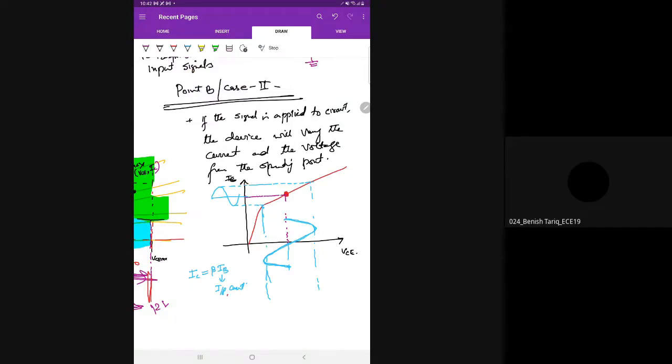So there will be sinusoidal variations in IB. That will cause sinusoidal variations in IC also. So when there will be sinusoidal variations here, it will cause sinusoidal variations in VCE also. So VCE is nothing but output voltage. तो वही चीज मैं कह रहा हूँ, if the signal is applied to circuit, the device will vary the current and the voltage from the operating point.